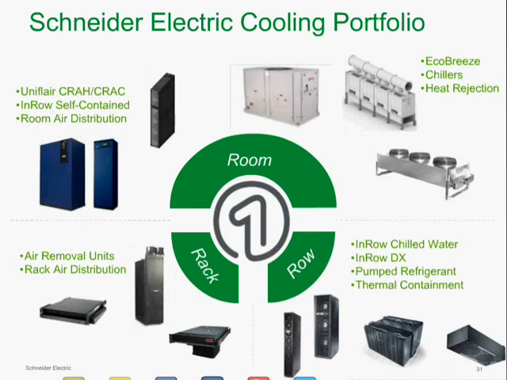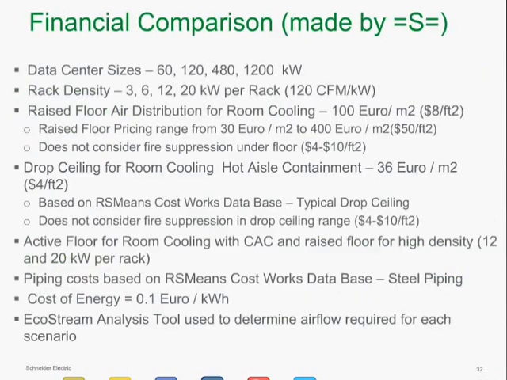Well, over the last 2 years, we undertook a very detailed financial comparison internally so that we could help segment our own product portfolio. And we looked at modeling various data center sizes, rack densities, IT densities, raised floor, no raised floor. We used actual costs for heat rejection systems, piping. We used an average cost of €1 per kilowatt for energy globally.